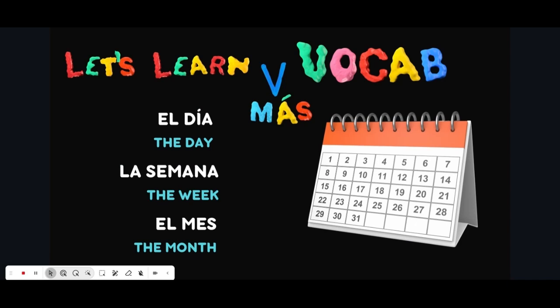Hay 12 meses en un año. Año is a year. There are 12 months in a year. El mes. If I wanted to pluralize mes, I just add es at the end. Meses. Las semanas. Los días are all the plurals of those words.